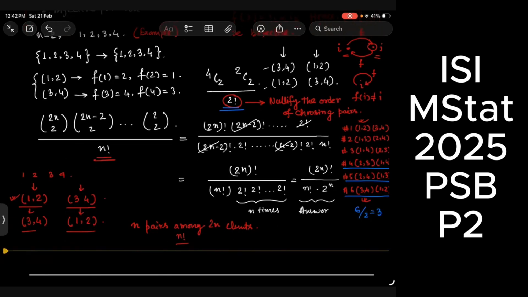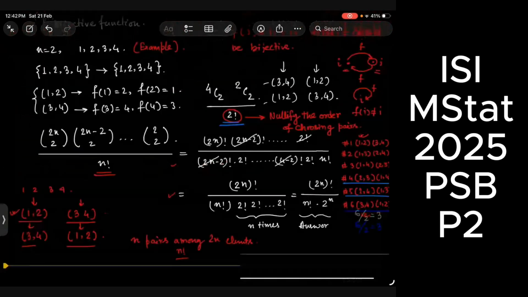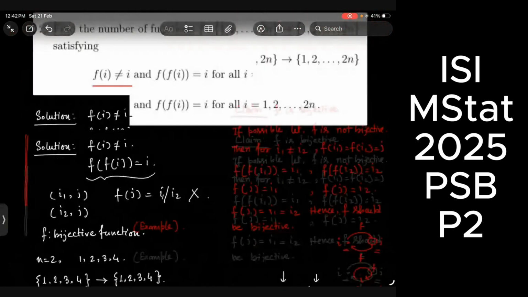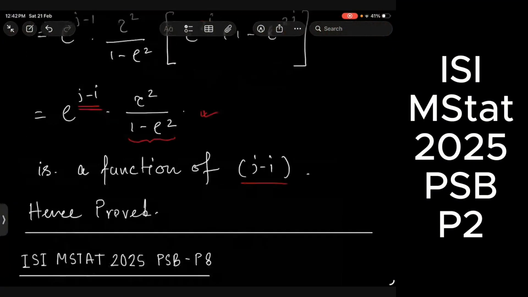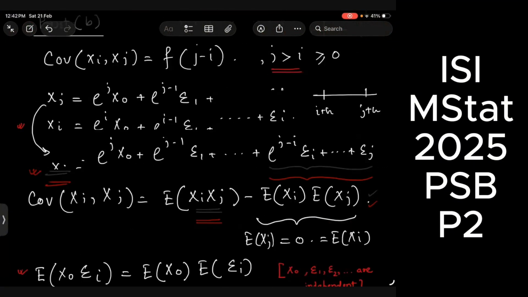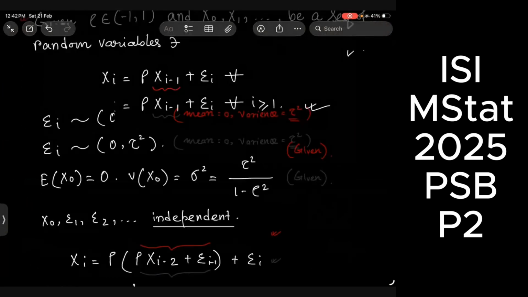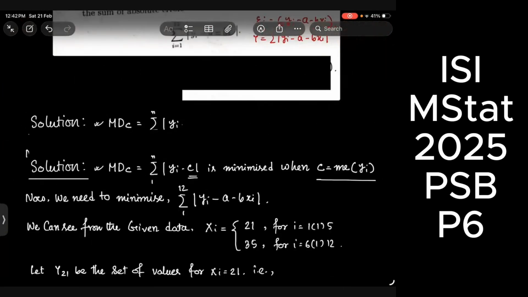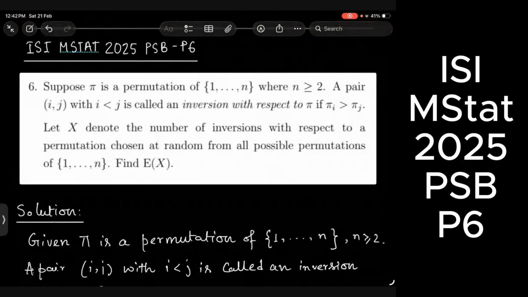I need not explain these two lines because these are simple calculations. I hope you can understand. So we are done with problem 2, problem 3, and problem 4. Moving on to the next problem. We will do one more problem today, then we will stop.